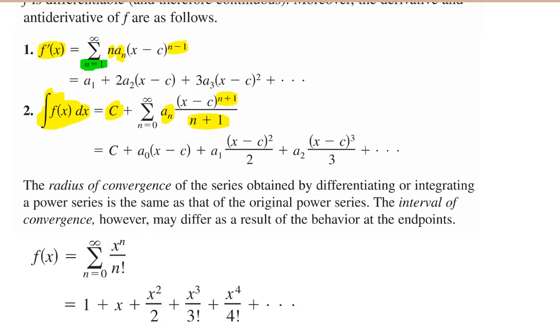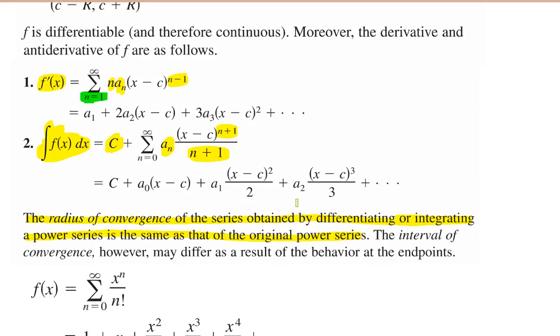Alright. The radius of convergence of the series obtained by differentiating or integrating a power series is the same as that of the original power series. Alright, guys, see, the parentheses is not changing, right? So the center is going to be the same for the original as well as for the result obtained by differentiating, as well as the result obtained by integrating also.